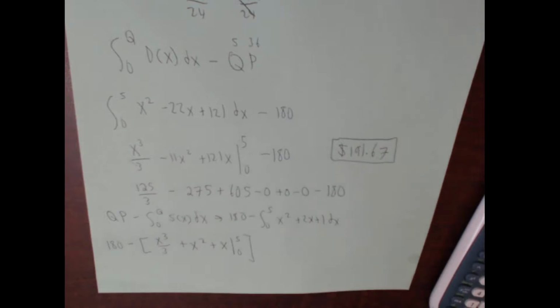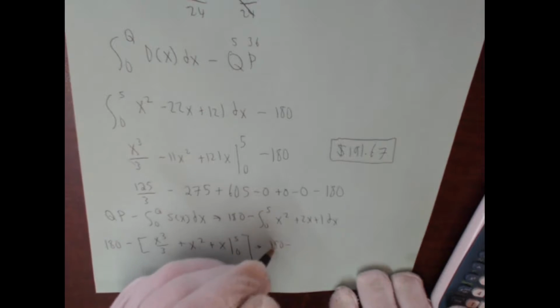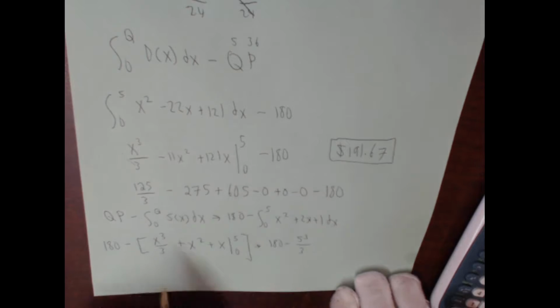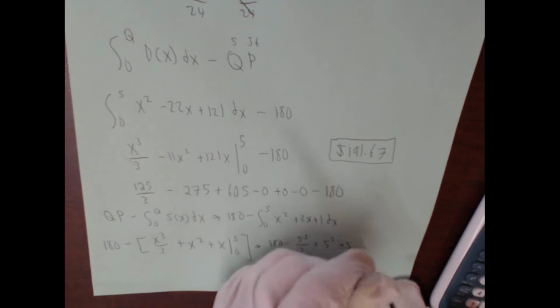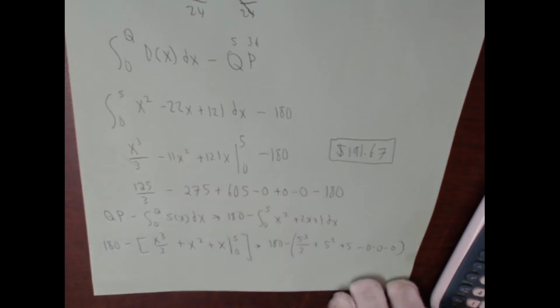So I did my integral again. No plus C because we're doing a definite integral this time. So this is going to be 180 minus 5³/3 plus 5² plus 5, minus 0, minus 0, minus 0. And again, remember that all of that is in parentheses.